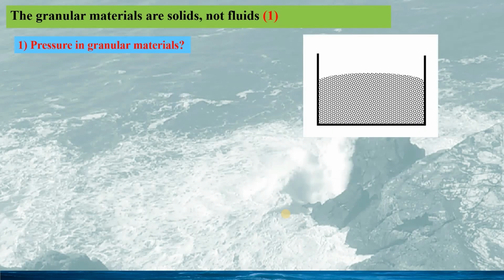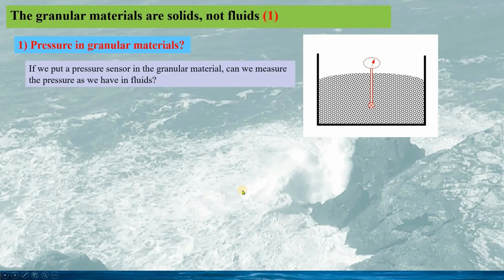In the next two slides, we will prove why granular materials are not fluids, and we will examine the problem in 4 different ways. Is there pressure in granular materials as we have in fluids?